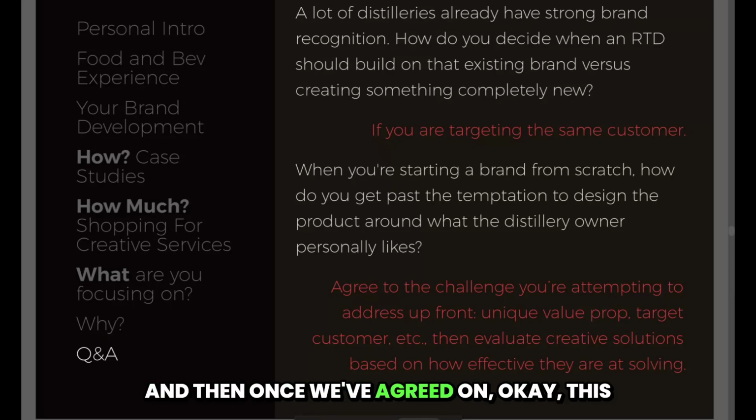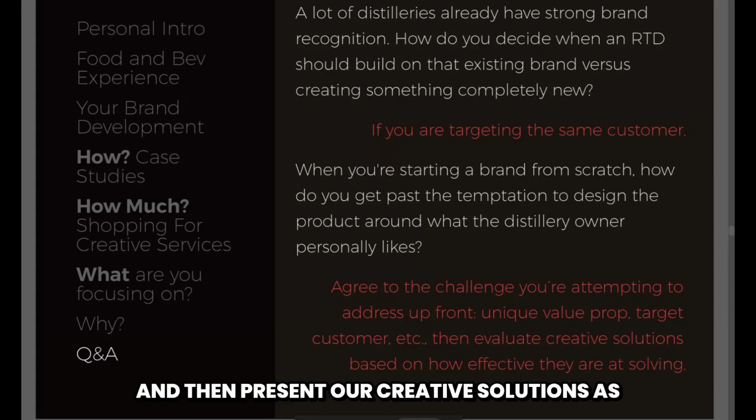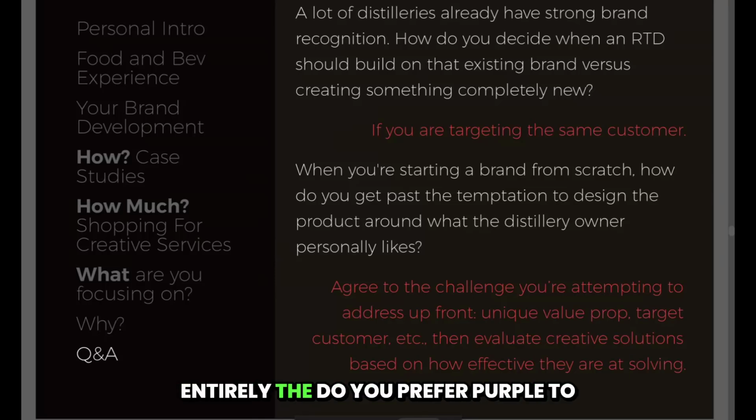And then once we've agreed on, okay, this is what we're trying to communicate, this is some current ways others have communicated this successfully, do we think that there is a void in the way other people have talked about these brands that still answers the question? And then present our creative solutions as just that, solutions to a problem, and ideally avoid entirely the, do you prefer purple to orange?